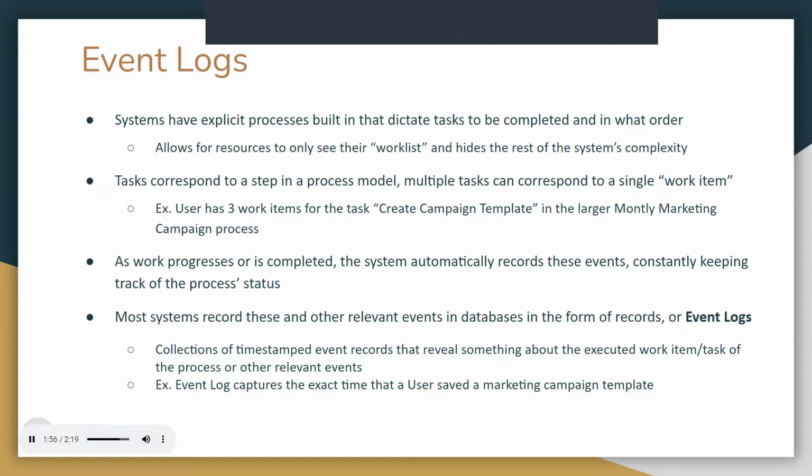And these are just a collection of timestamp event records that reveal information about the executed work or the task that is in progress, or any other relevant events for that matter. So again, one example would be that an event log captures the exact time that a user completed the marketing campaign template.